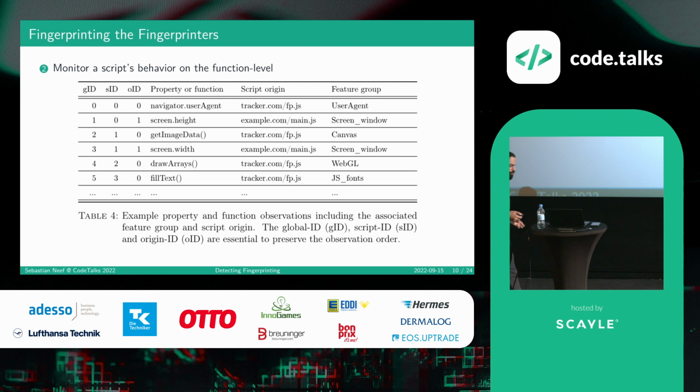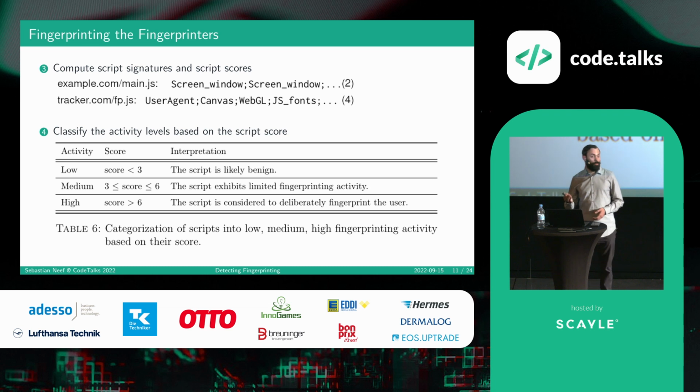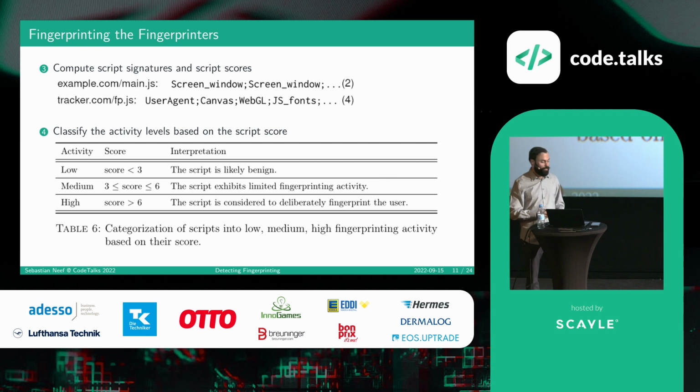So using that information for every function call of every script that is loaded on the website we browse to, we can later compute the so-called script signatures, which is all the feature groups in their order of being called, concatenated together. For example.com main.js it is just screen window, which provides a script score of 2.